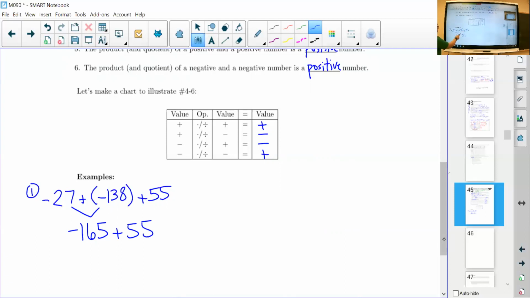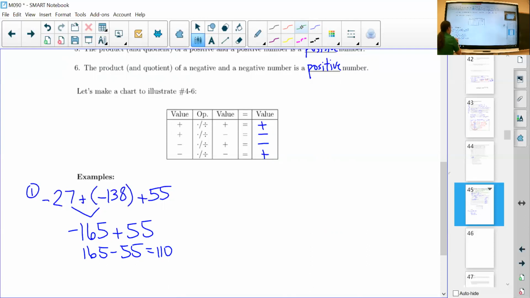Now we have the sum of numbers with opposite signs. So we take their absolute values, 165 and 55. We're going to subtract their absolute values. We get 110.